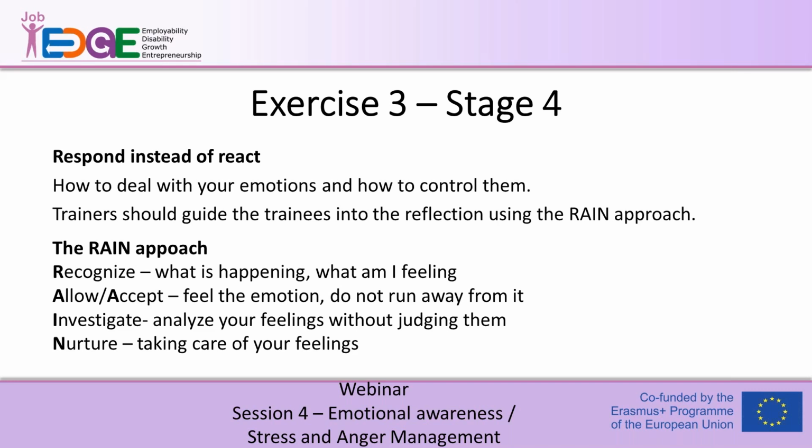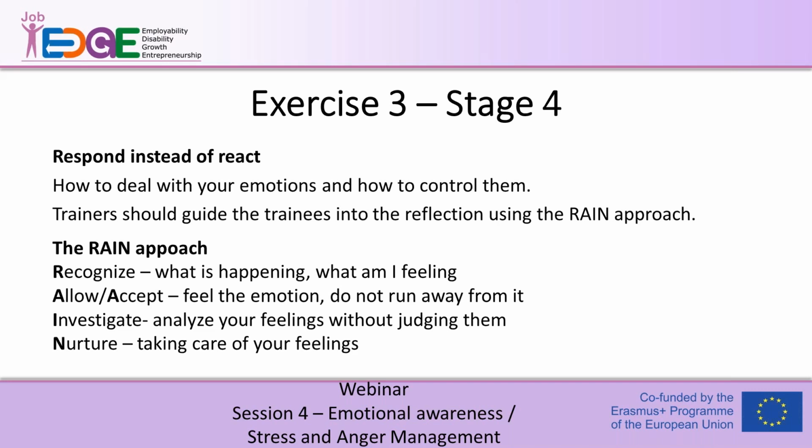Trainers, instructors should guide the trainees into the reflection using the RAIN approach. The RAIN approach consists of 4 parts. The first part is to recognize what is happening and what I'm feeling. The second part is to allow or accept the emotion and not run away from it.